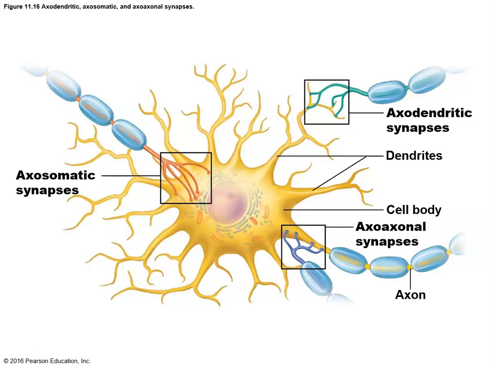An axosomatic would skip the dendrite, going straight to the cell body, then axon and on out. But the axoaxonal is the fastest of all three because it skips the dendrite, skips the cell body, and goes straight to the axon and on out. The more middlemen you cut out of the equation, the faster the signal will travel.